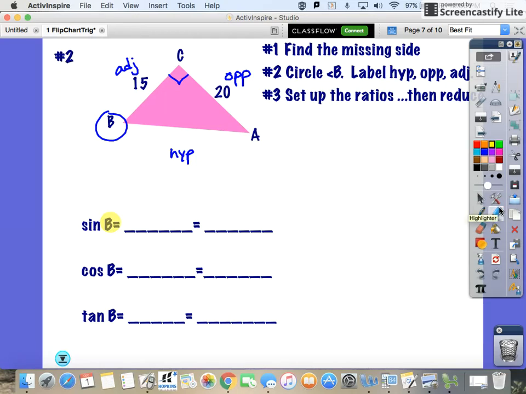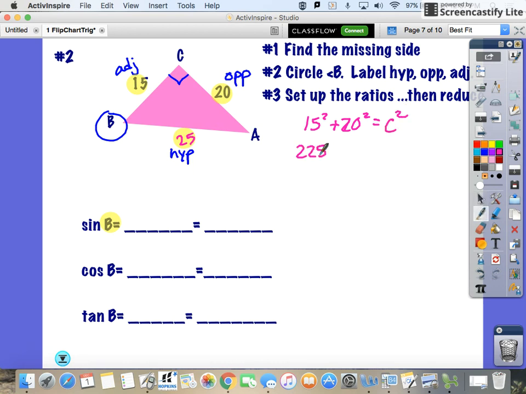Here again is a 3, 4, 5. So this is a multiple of 3, 5 times 3. This is a multiple of 4, 5 times 4. So this must be a multiple of 5, 5 times 5. So I know this is going to be 25, but let's pretend you don't. 15 squared plus 20 squared equals c squared.